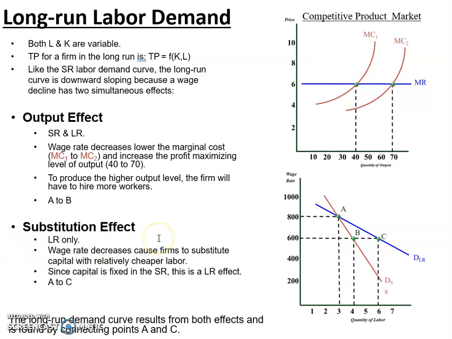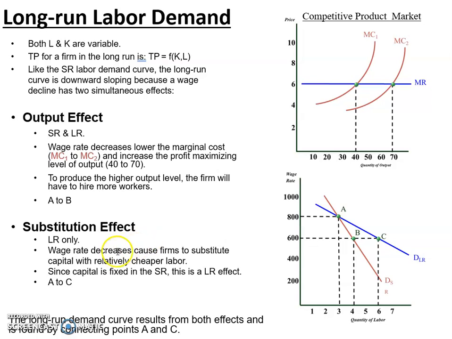In fact, this one can only occur in the long run. Why? Because a substitution effect is essentially substituting one input for another. And that's only possible if all inputs are variable. So you can't have a fixed input if there is going to be a substitution effect.